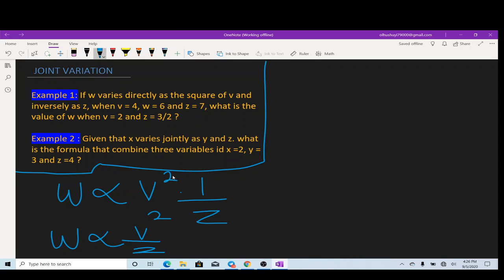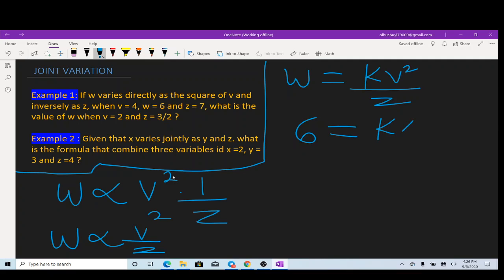Now the question says when V is 4, so W equals K V squared upon Z.